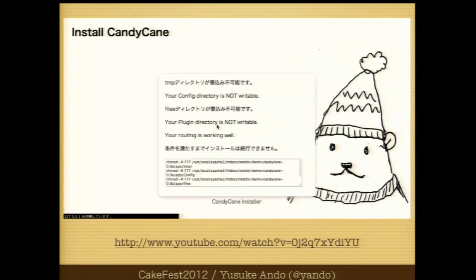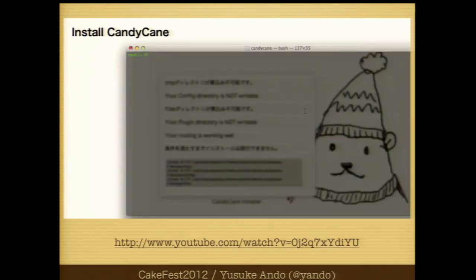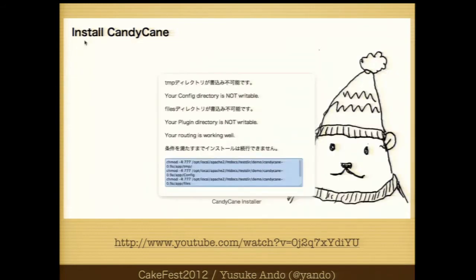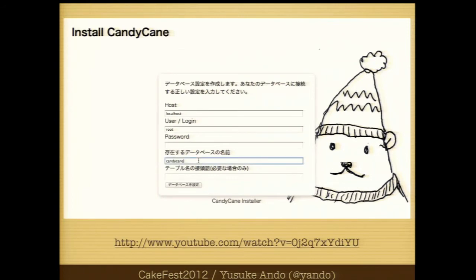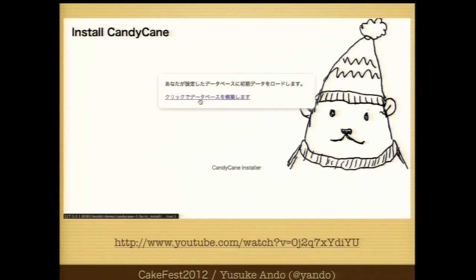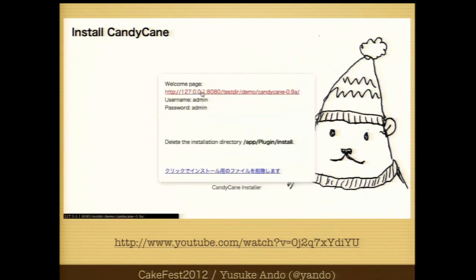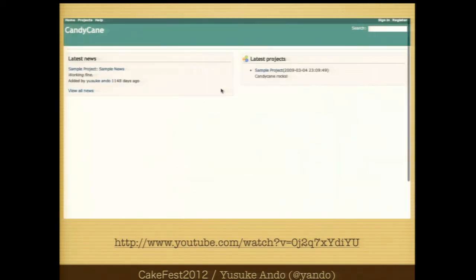Basically, just extract the archive under a directory where PHP is working, and open it with the browser. There are some permission settings for the directory, but basically that's it. After that, just click the buttons and fill in the username and password for the database. It will be working. My personal record is 38 seconds, but it may be faster.